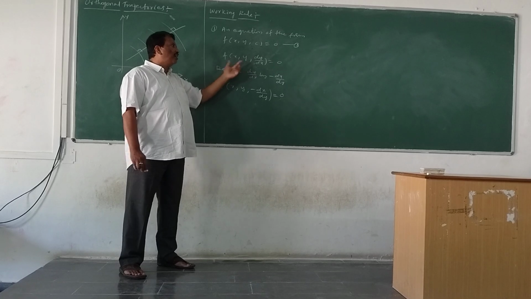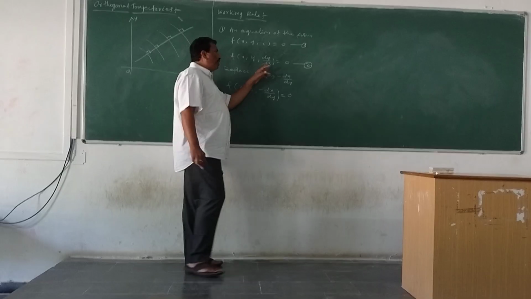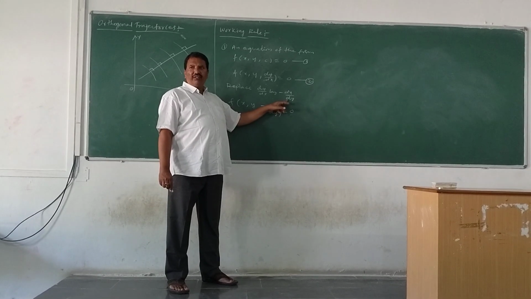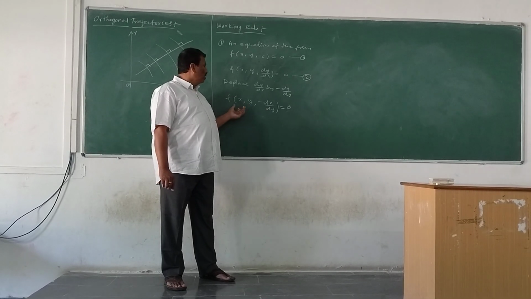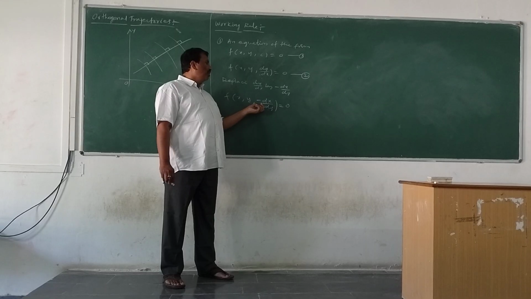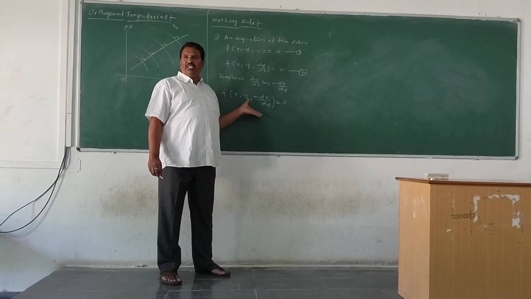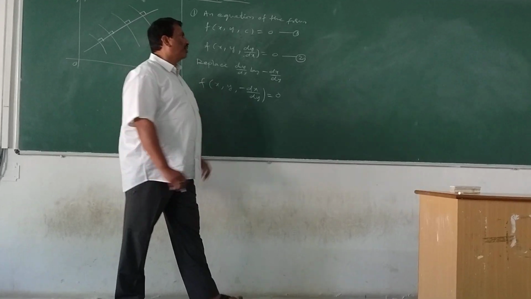In this equation 2, dy by dx is replaced by minus dx by dy. Finally, we get the family of orthogonal trajectories f of x comma y comma minus dx by dy equals 0. This is the required family of orthogonal trajectories.